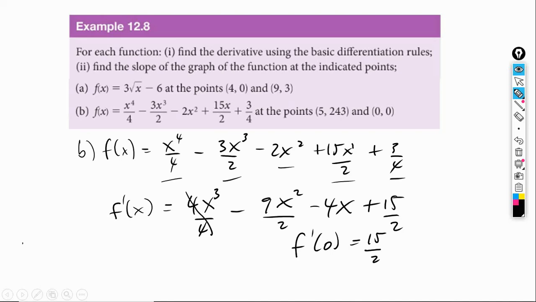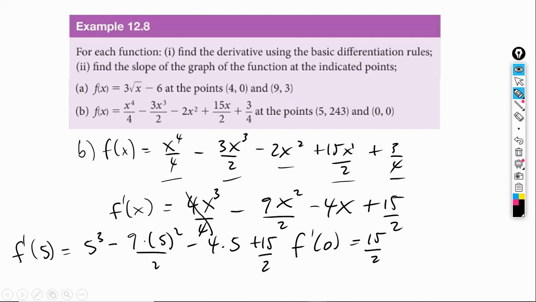So for 5, we have to plug in 5 just like we would do in a normal function, right? So this would be 5 cubed minus 9 times 5 squared over 2 minus 4 times 5 plus 15/2.